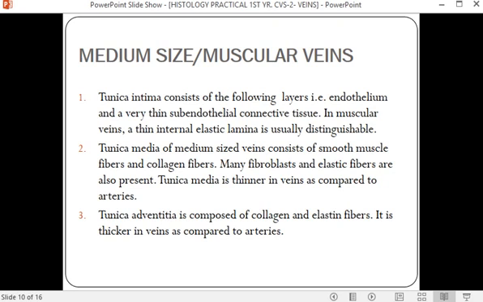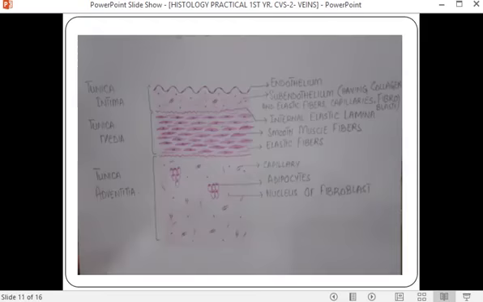Many fibroblasts and elastic fibers are also present, and tunica media is thinner in veins as compared to that of arteries. Tunica adventitia is composed of collagen fibers and elastic fibers, plus fibroblasts and capillaries are also present, but the tunica adventitia of veins is thicker as compared to that of arteries.